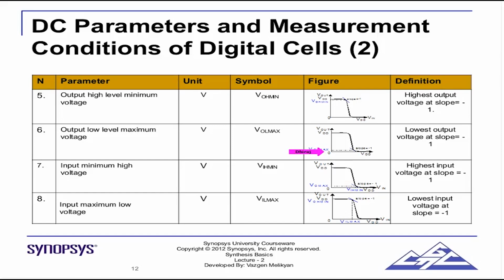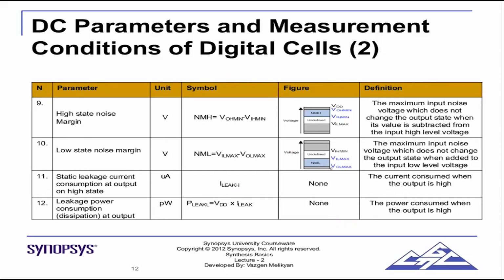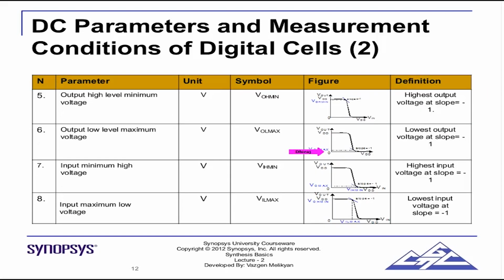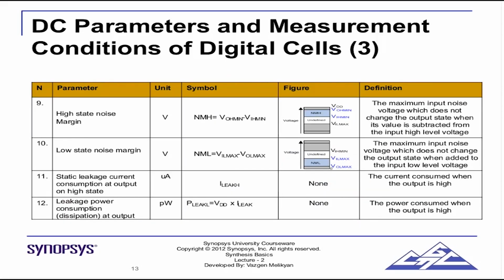Again we take VOH min, and what is the VIL value? It is the VIL max. It will be clear how these values are used in the next slide. Now all of these values, VOH min, VOL max, VIH min, VIL max, are used to determine the noise margin of a circuit.